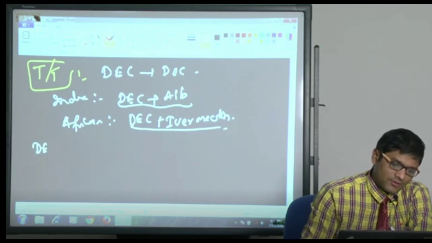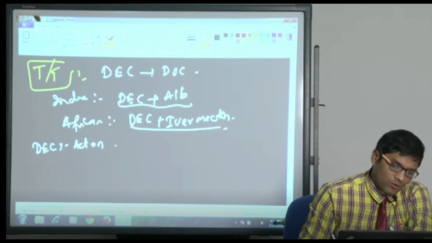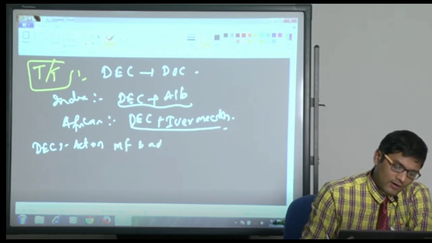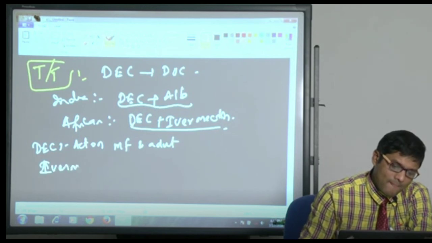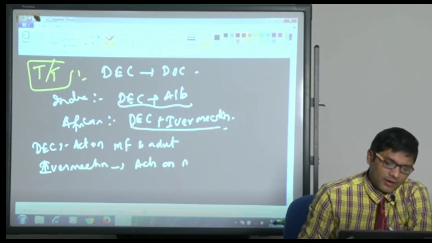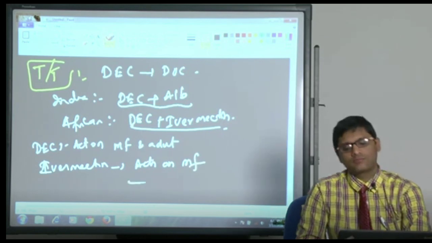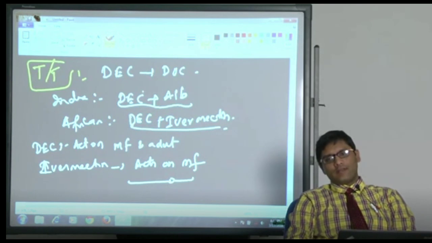And in this context I want to tell that DEC acts on both microfilaria and adult, whereas ivermectin acts only on microfilaria.